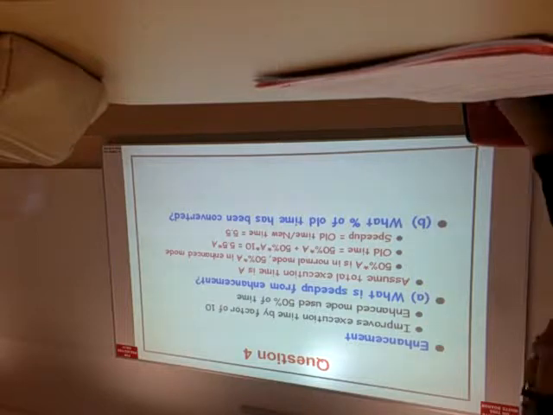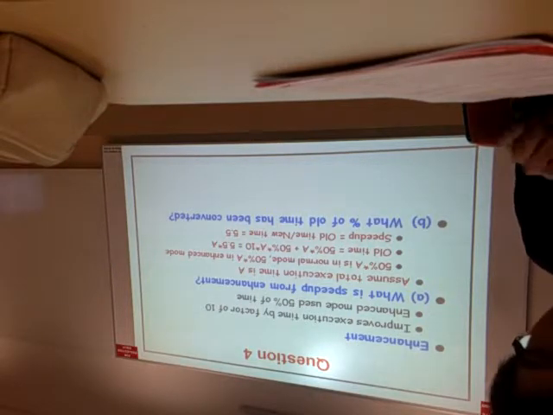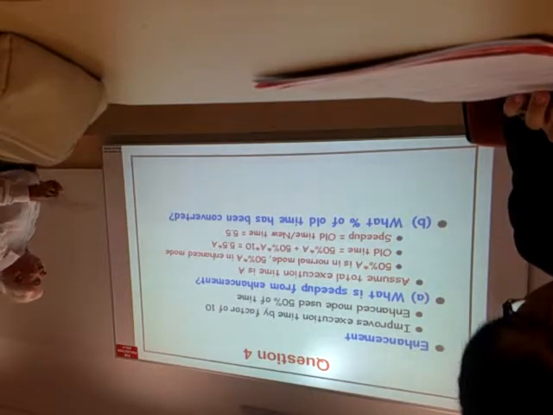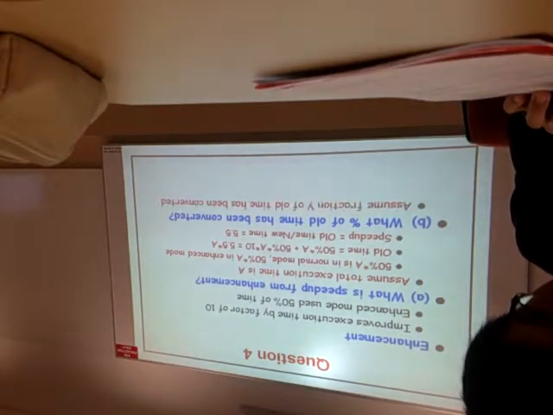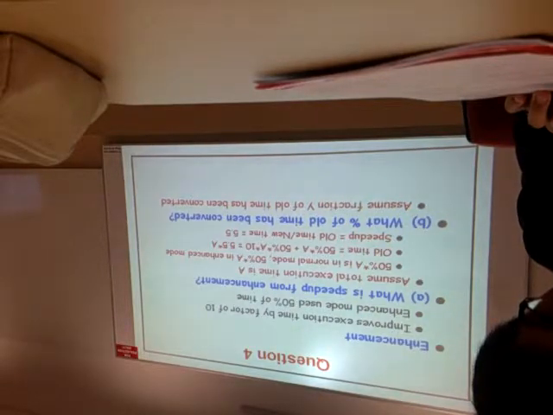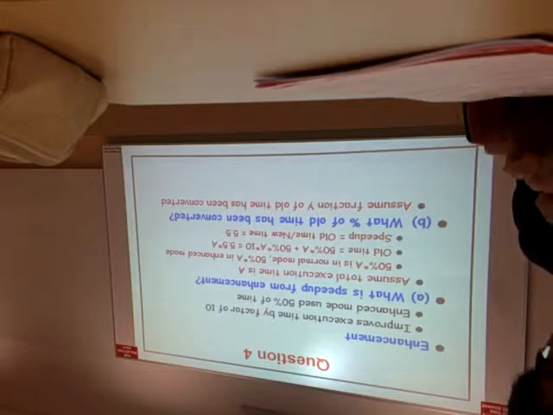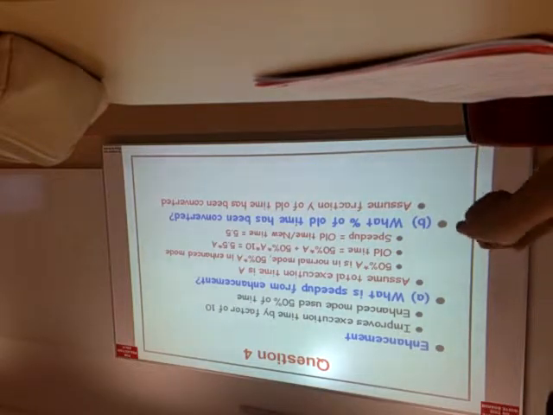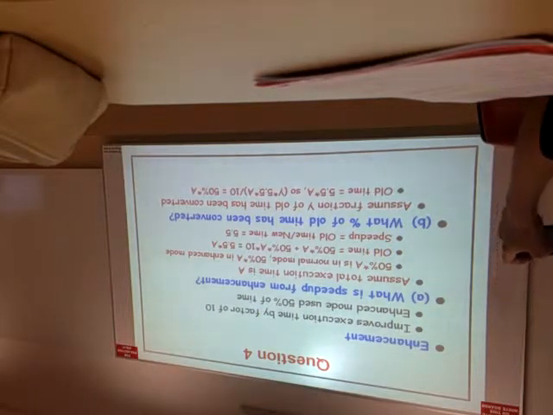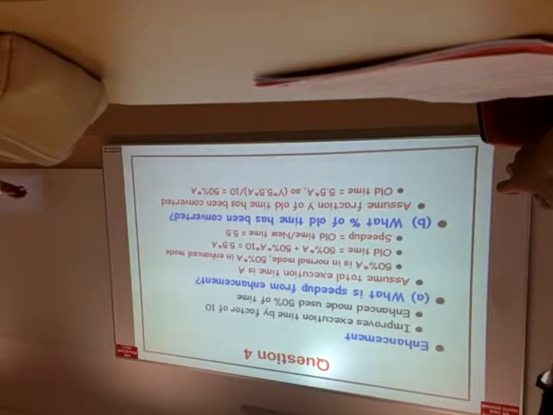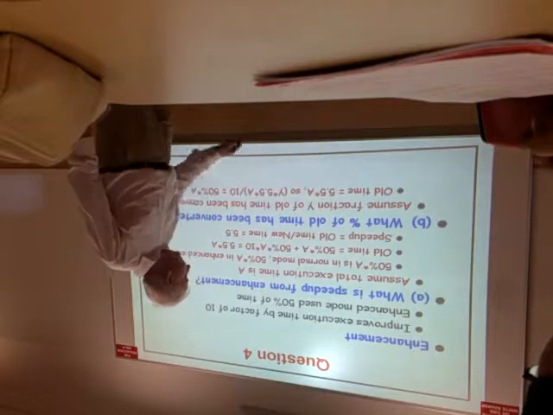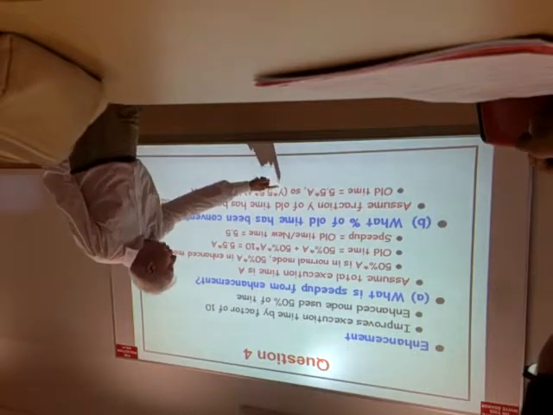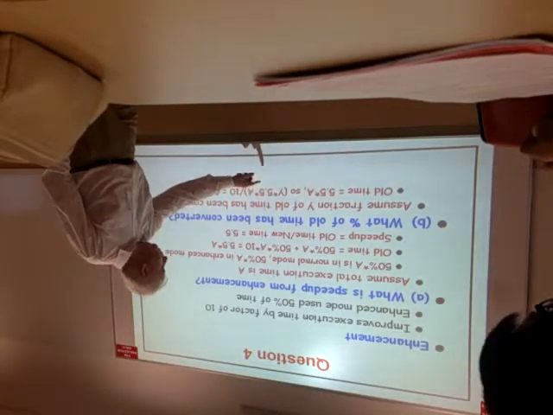And then finally, we're asked what percentage of the old time has been converted. So again, let's assume that the fraction y of the old time has been converted, and then we can put that into our equations. We know the old time is 5.5A, so the fraction y has been converted.